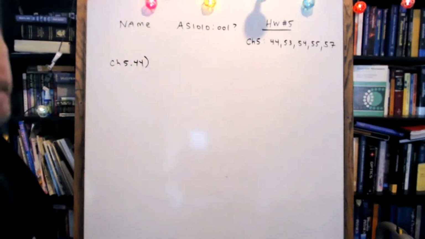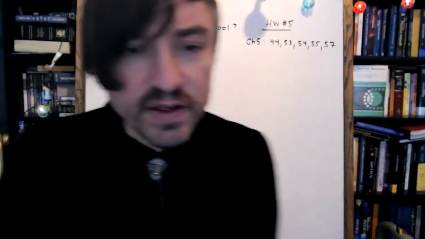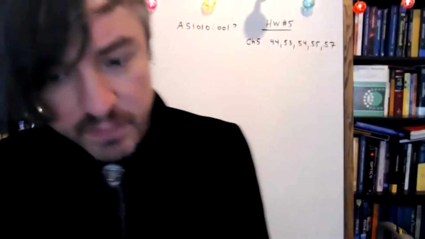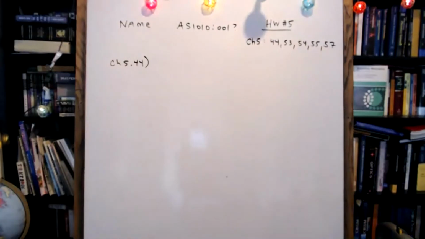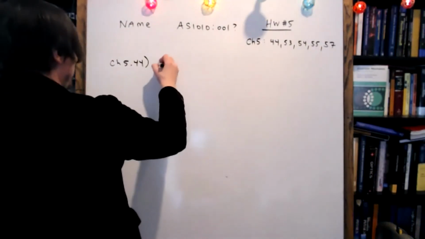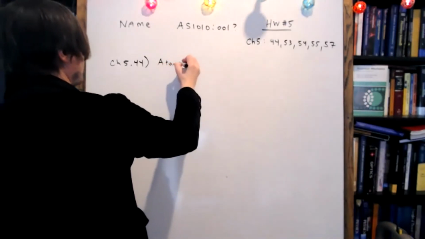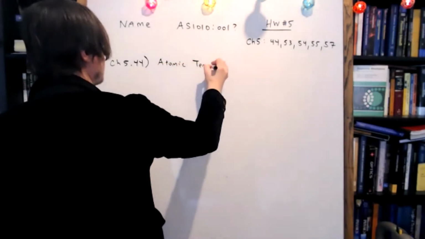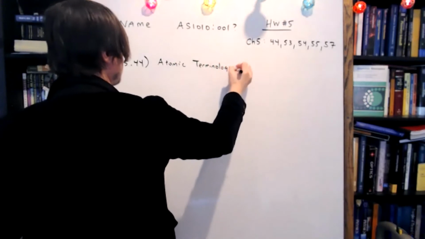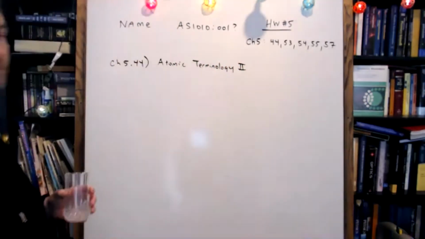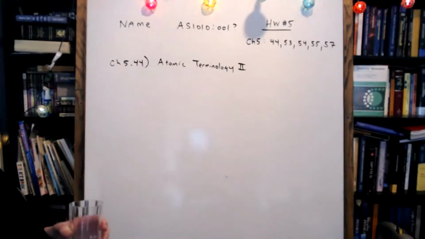One second. If you guys could all call up the questions, that'll smooth this whole operation out. 44 is Atomic Terminology Practice 2. And here's what it says.